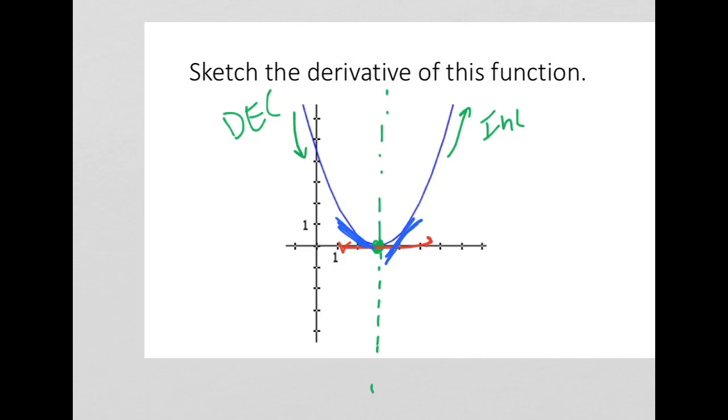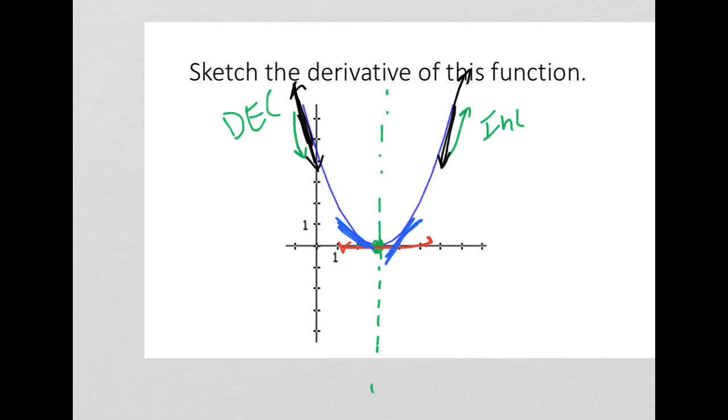And then one more thing to compare that to, if you compare one of those blue ones to, say, a black one up here, we know that the black slopes are going to be greater than the blue slopes because of how we know the function y equals x squared looks.